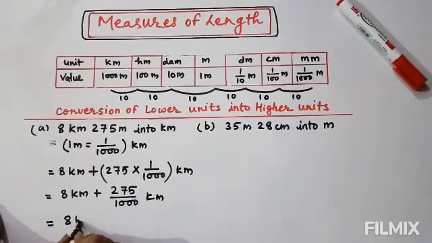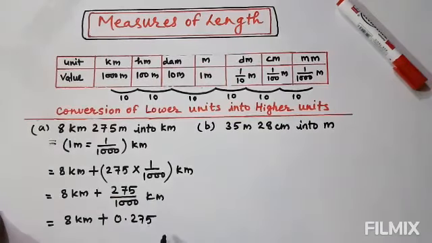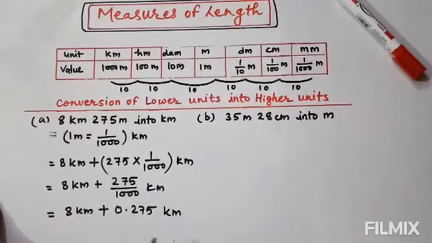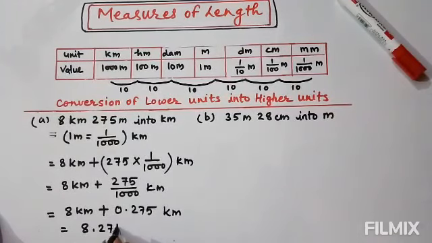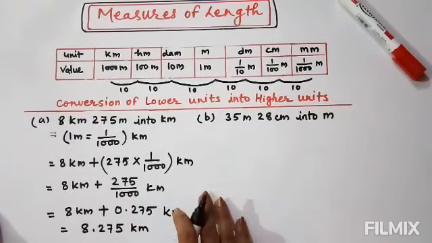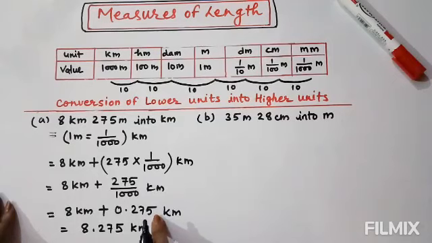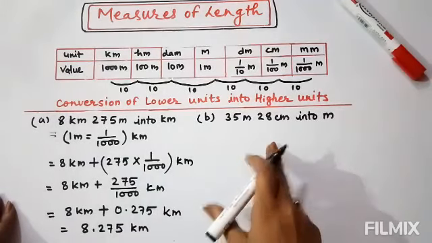What happens? 275 divided by 1000, we get the answer 0.275 in decimal form. Understand? Now we add both the numbers, so we get 8.275 kilometer. How to divide this? You need to watch the previous videos I have uploaded, on how to divide and get the answer in decimal form.